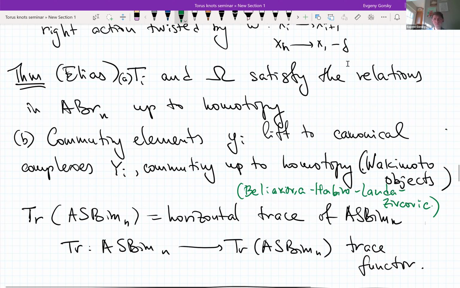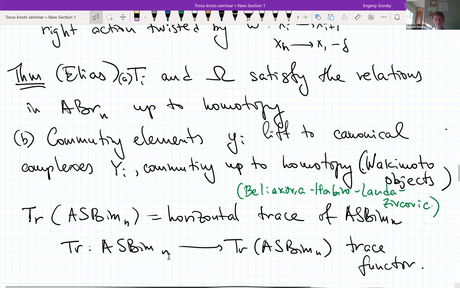And strictly speaking, you might want to work with the derived version of the horizontal trace, which we developed with Paul Wedrich and Matt Hogancamp. But again, for this, you don't really need this derived version. It's just some formal construction which says how to close the braids. That's all I want to say for now.